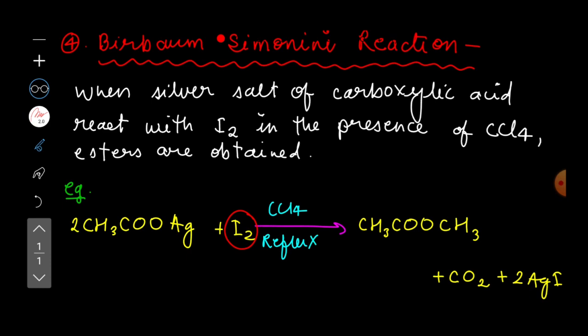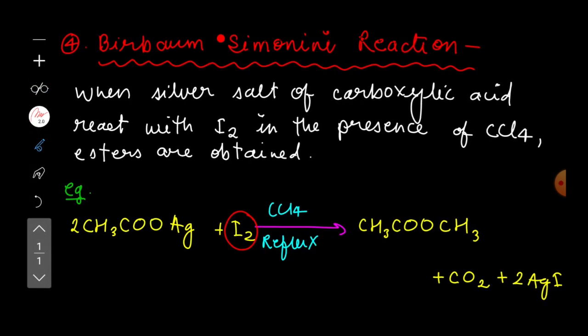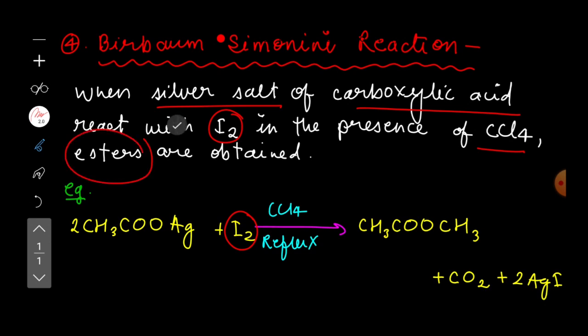Borodin-Simonini reaction is when silver salt of carboxylic acid reacts with iodine in presence of carbon tetrachloride, esters are formed. Here we cannot find the haloalkane. So in presence of bromine, silver salt gives bromoalkane, but in presence of iodine, this will form the ester.